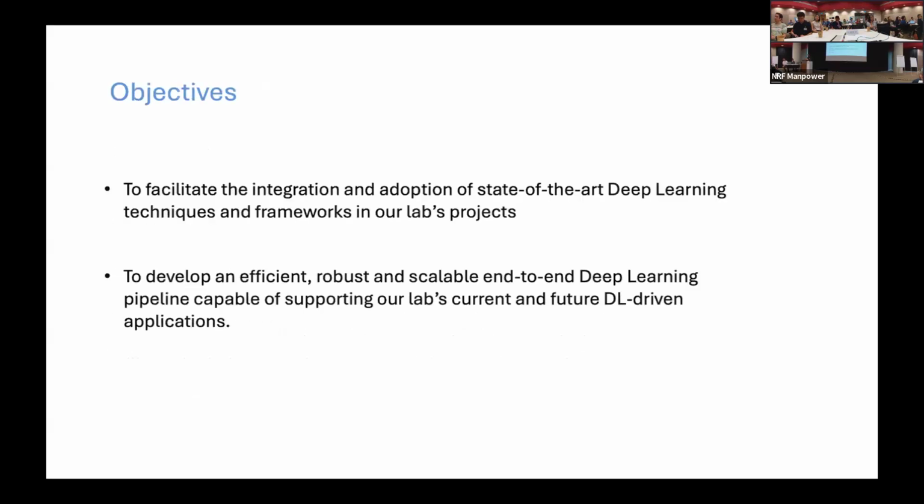The objectives of this work are to facilitate the integration and adoption of state-of-the-art deep learning techniques and frameworks into our lab's projects, and to develop an efficient, robust, and scalable end-to-end deep learning pipeline that is capable of supporting not only our current needs, but also our future needs.